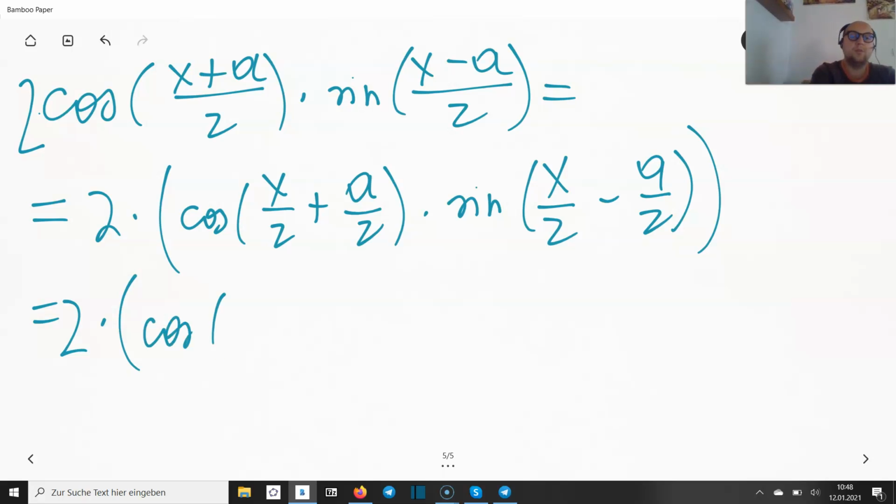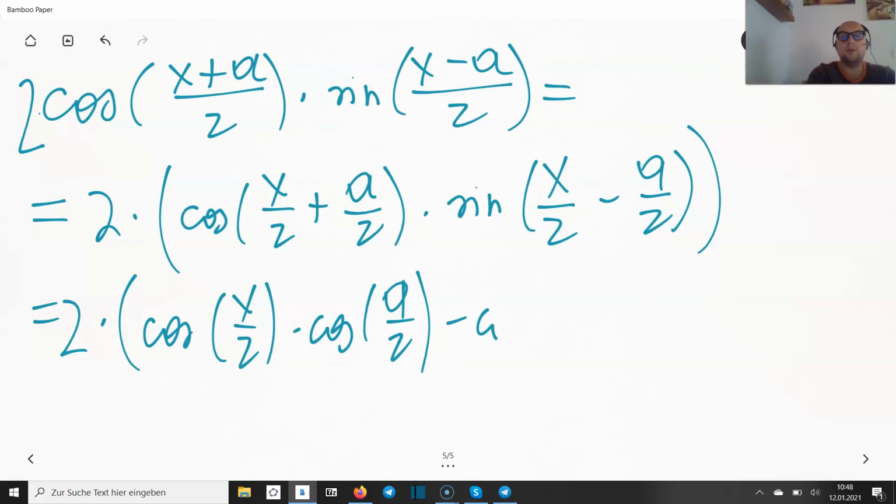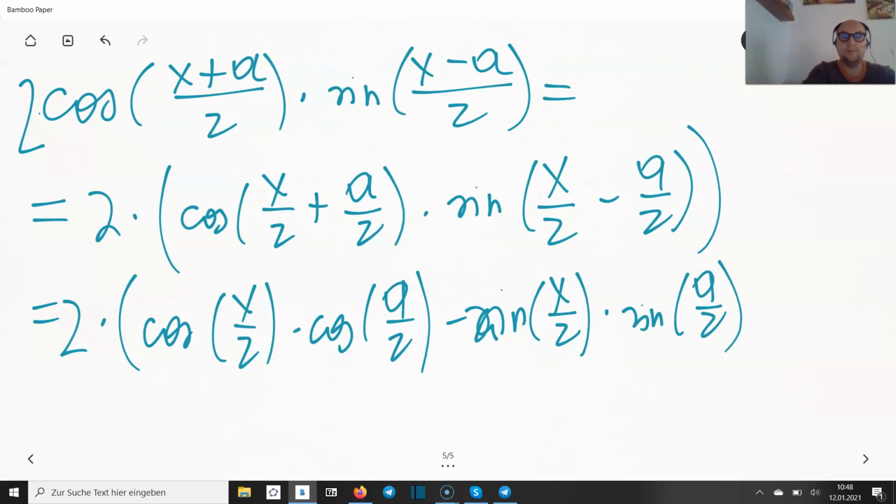So this is cosine of x divided by 2 times the sine of, no, I'm having the sum of the cosine, my bad. Have to be concentrated. So this is the cosine of a divided by 2 minus sine of x divided by 2 times the sine of a divided by 2.